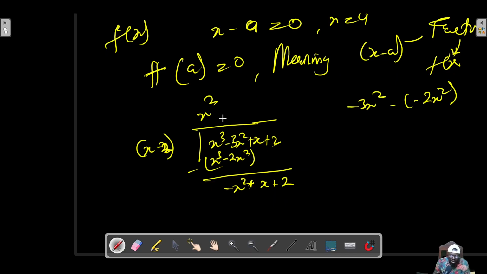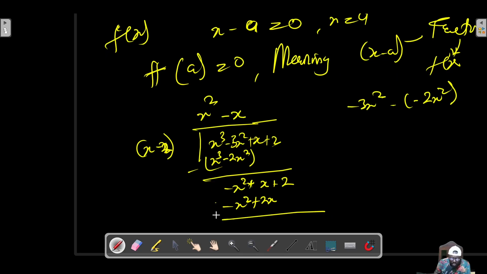Now, what term when multiplied by the divisor will end up with negative x squared? That term is negative x. So if I multiply negative x by this expression, I get negative x squared. Negative x times negative 2, we end up with positive 2x.